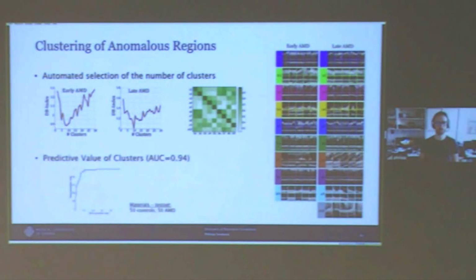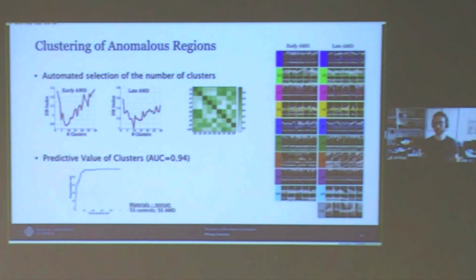And I think the most important thing, because we're running out of time, is if you look at the right-hand side, at the identified clusters in the early and late stage of the disease, early and late AMD, you can see that we identified the same clusters in both disease stages, but additionally, we identified in late AMD a cluster that corresponded to fluid, which exactly reflects the disease progression, because in early AMD you do not have fluid, and in late AMD you do.